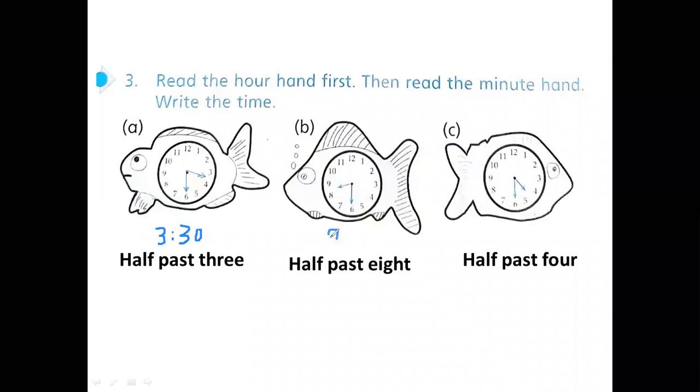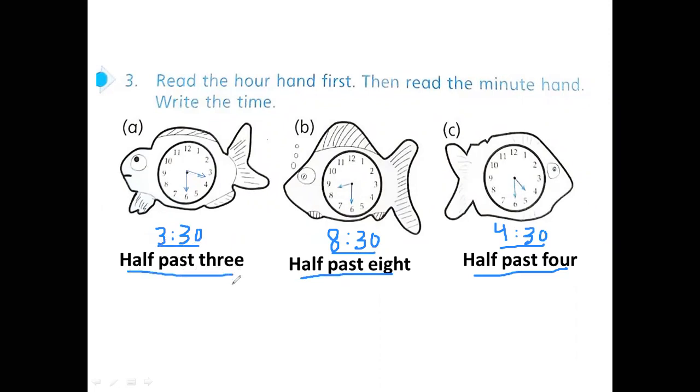Or you can write the time in figures as 8:30. Here you can write 4:30. This or this, anyone. 8:30, half past 8, same thing. 3:30, half past 3, same time.